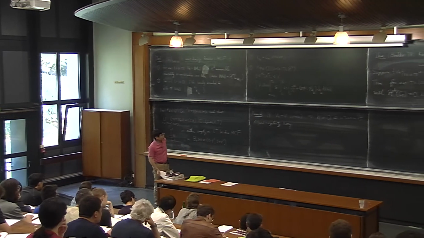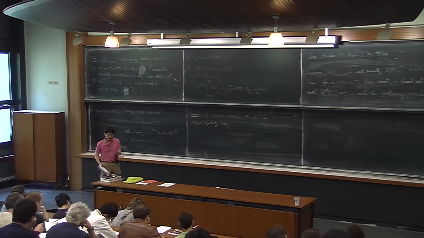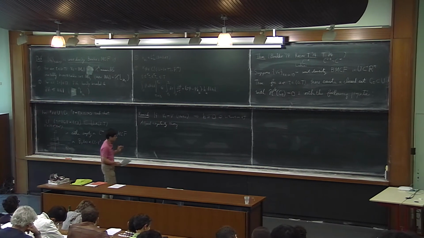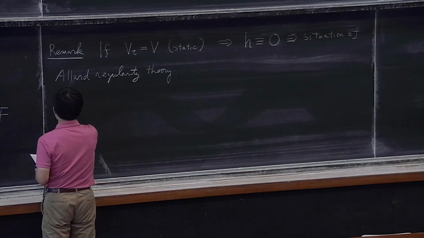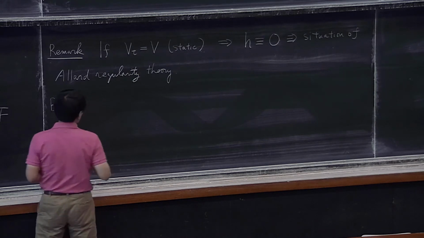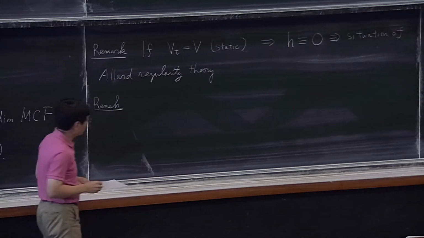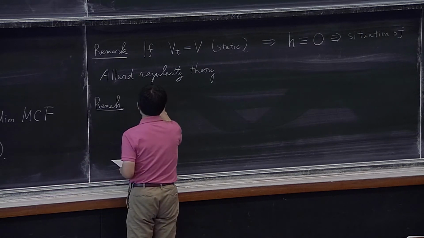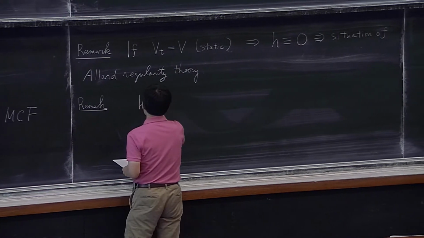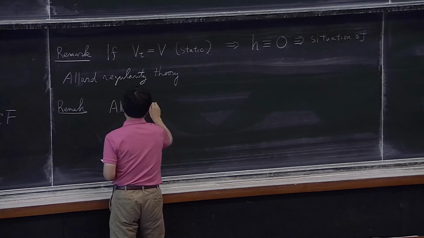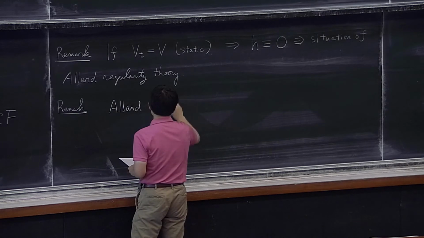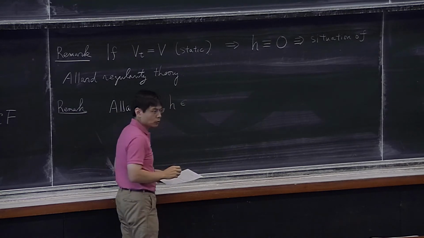Again, let me just address people who may have seen the regularity theory of Allard. As another remark, Allard regularity theory is a theory for varifolds where the mean curvature is not necessarily equal to 0, in fact.